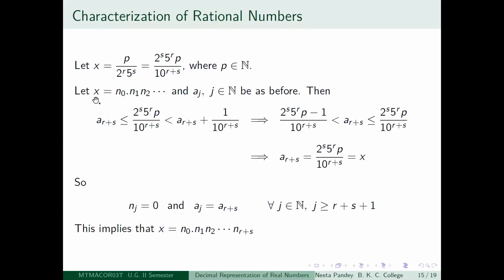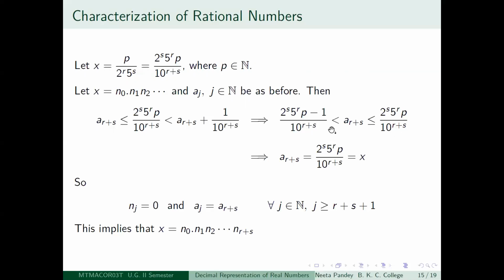So if you write down your decimal expansion of x, then recall that at the r plus sth stage, a_{r+s} is less than or equal to x is less than a_{r+s} plus 1 divided by 10 to the power r plus s. So this implies that a_{r+s} is the rational number sitting between 2^s 5^r p minus 1 divided by 10 to the power r plus s and 2^s 5^r p divided by 10 to the power r plus s.